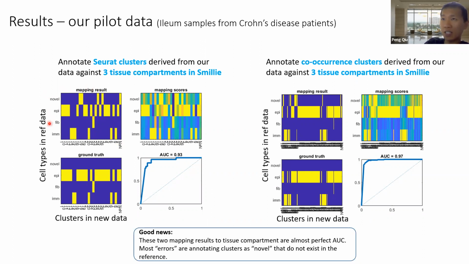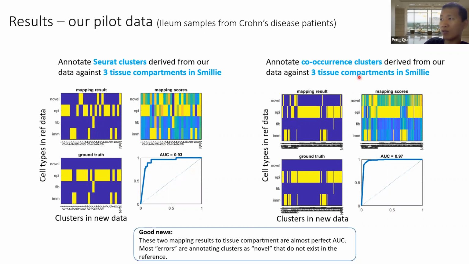So here is our mapping result, and we have a ground truth we can compare to. Our mapping result and the ground truth are highly similar, except that for a few clusters that belong to the epithelial or immune compartment, our algorithm incorrectly labeled them as unknown. But maybe there are also some deeper reasons behind that.